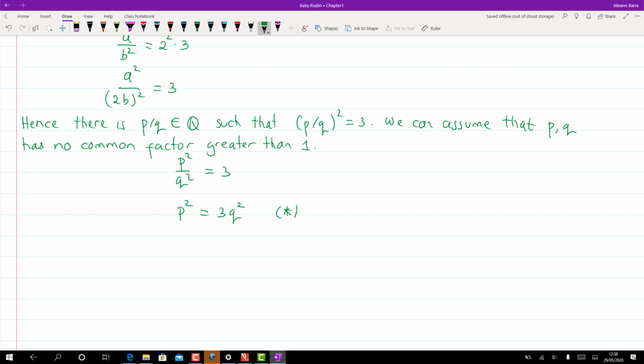Because 3 times something is equal to p squared. We claim from star that we must have p divisible by 3.